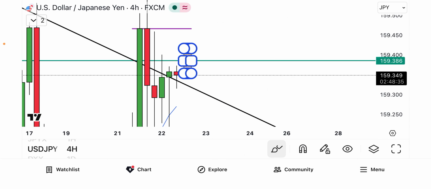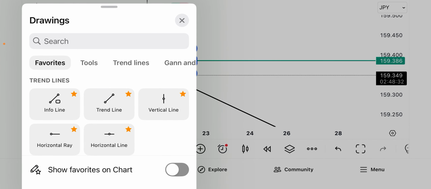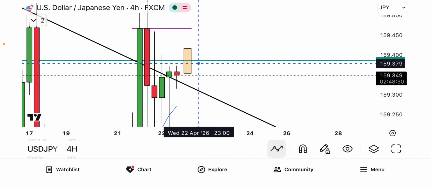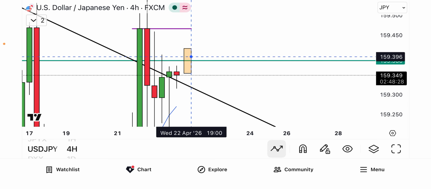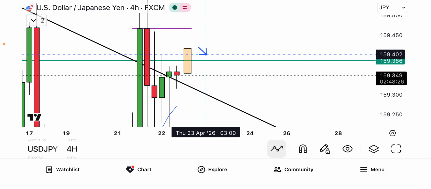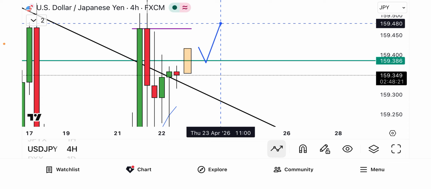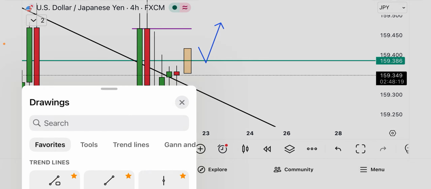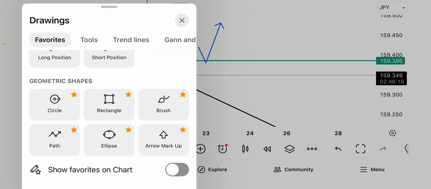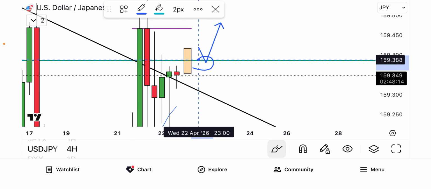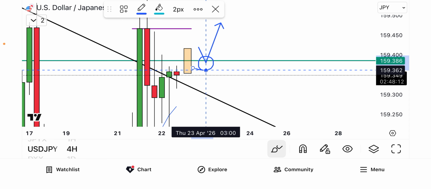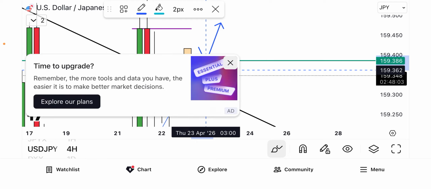When this closes bullish, the market is gonna come like this, leave a wick before going up. So we're gonna find our trade entry at this wick. That's how the strategy is. We're gonna find the trade entry at the wick and target like 1:3, 1:2.